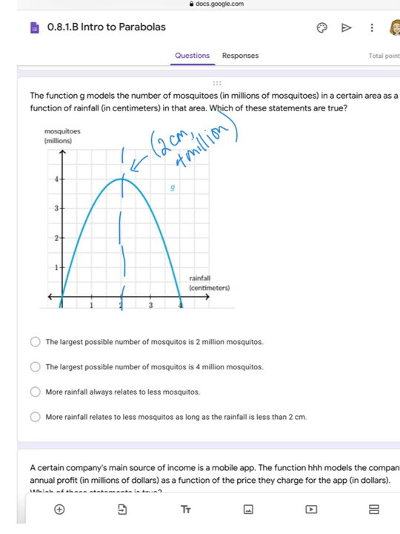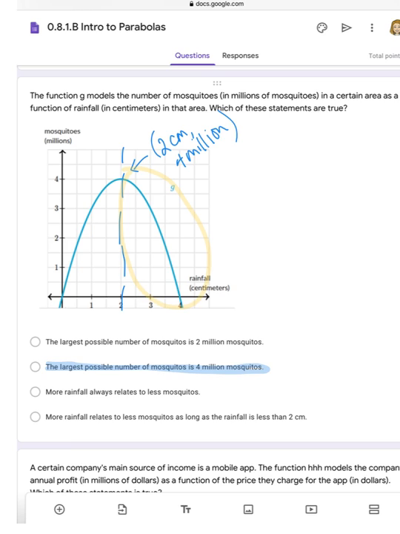So let's take a look at our choices. The largest possible number of mosquitoes is 2 million. No, we just said it's going to be 4 million. That's up at the top there. The largest possible number of mosquitoes is 4 million. More rainfall always relates to less mosquitoes. That's not true, because when you look at the second half of the graph over here, the rainfall is increasing, but the number of mosquitoes is decreasing.